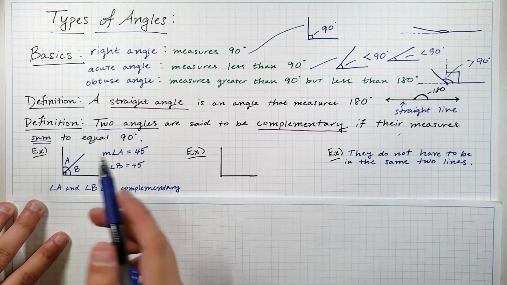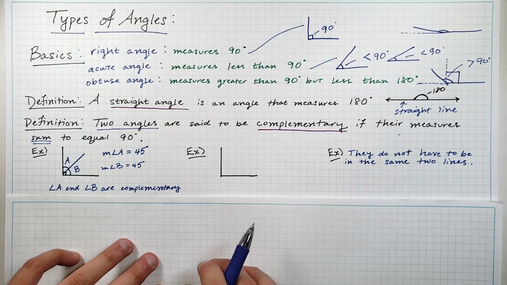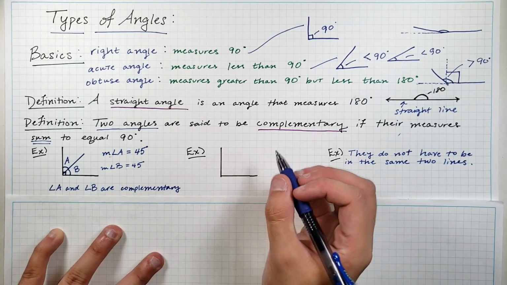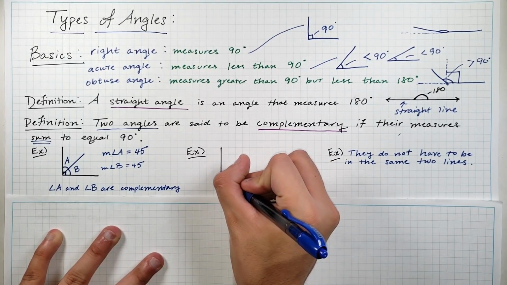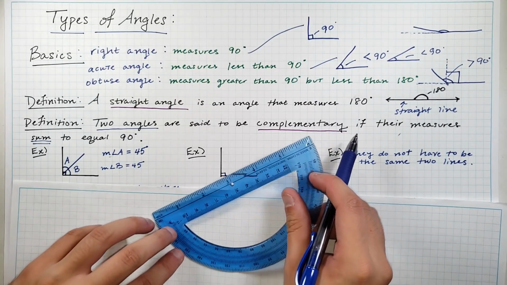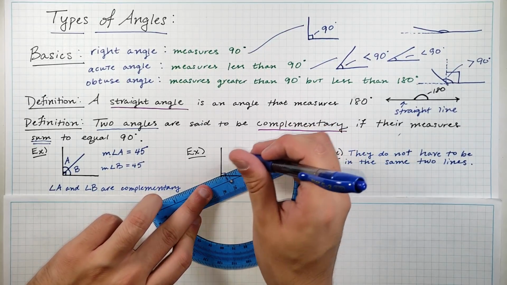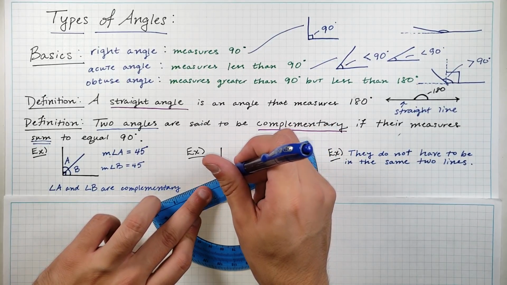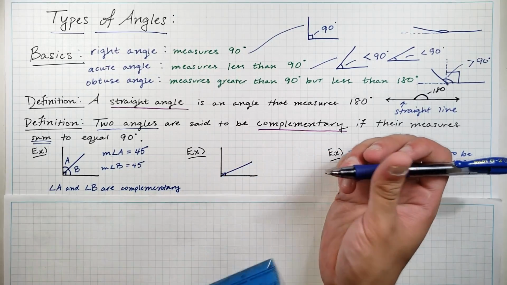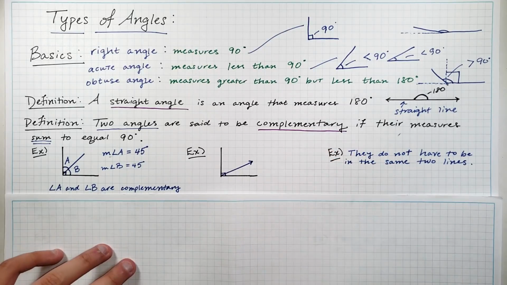For this first example of complementary, let's look at another example. Maybe we won't cut this one directly in half. We still have the 90 degrees, but maybe we'll cut it like this, a little bit smaller. This is the little angle that we're cutting.